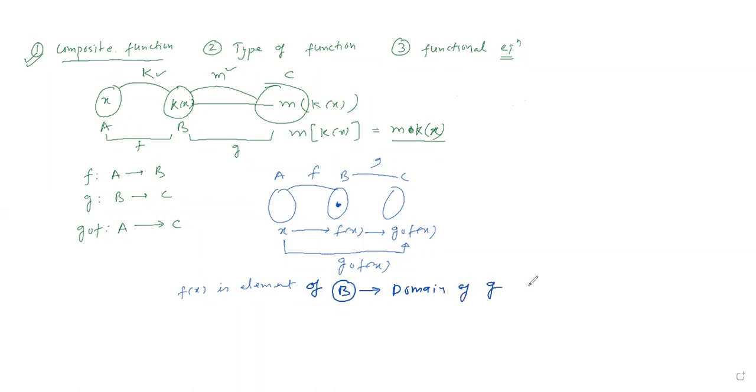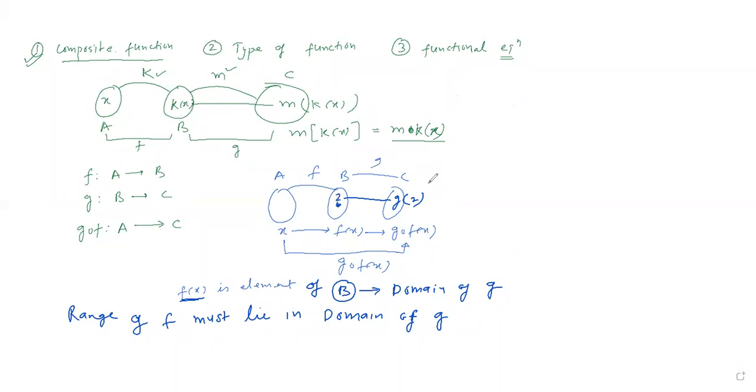I mean, the range of f must lie in the domain of g. Say yes or no, guys. If f of x is not here, then g will not be defined. If 2 is here, then we'll get g of 2 here, isn't it? If 2 is not here, then where would g of 2 come from? It won't come.